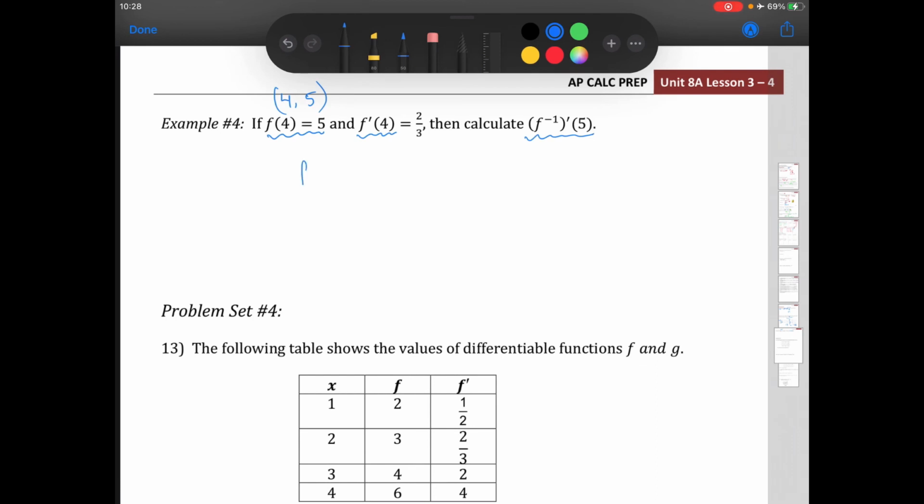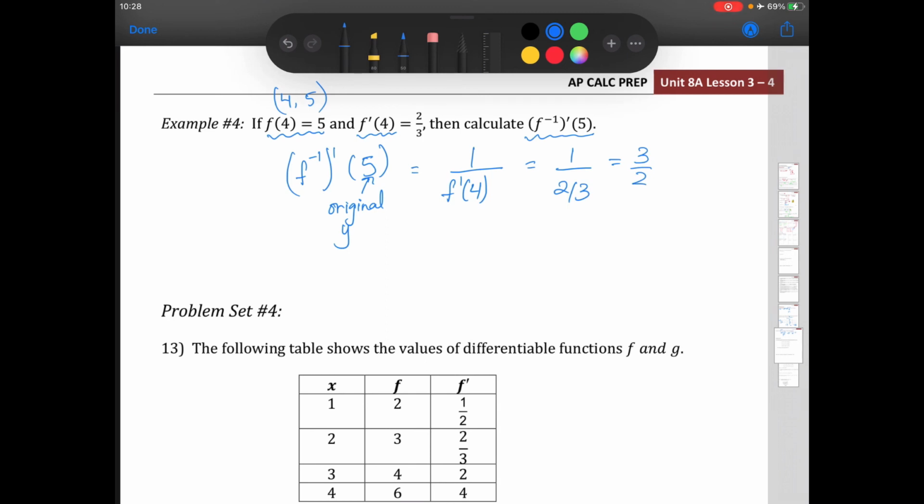It's asking us to calculate f inverse prime of 5. Remember, 5 is the original y. I'm going to write that down again. What is the corresponding x to it? It is going to be 4, right? So it's going to be 1 over f prime of 4, which is already given to us, 1 over 2 over 3, which is 3/2.